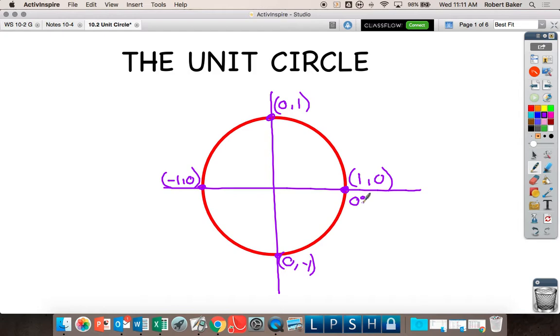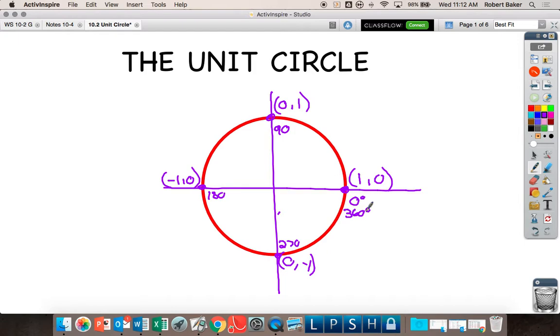Now, as I use this x-axis as the other side of my angle, how many degrees is that? 90. 180. 270. And we go all the way back around to 360 degrees.